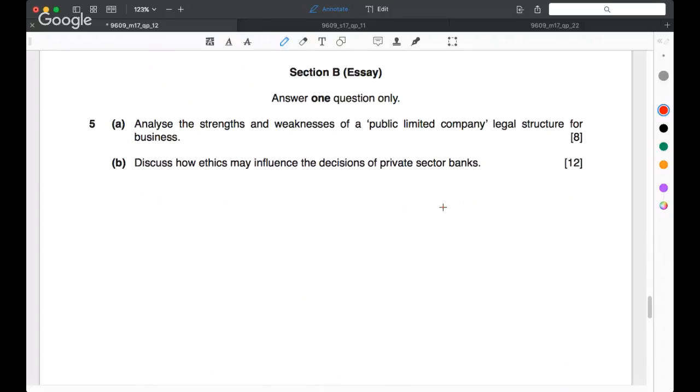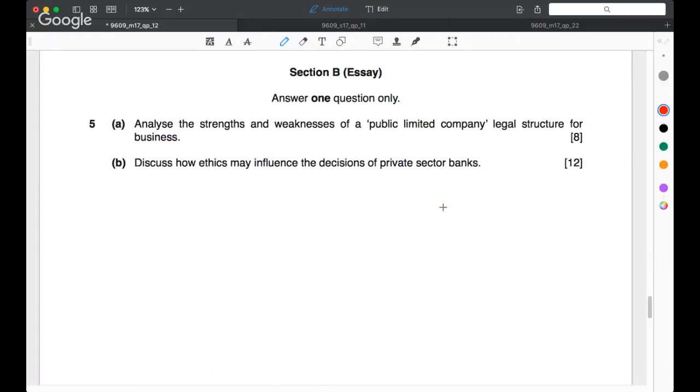It's public, so it has a wide stakeholder group. It's a legal entity in its own right. It has a persona of its own, and therefore individuals within it are limited in terms of their liability. The liability tends to be limited for the shareholders as well.